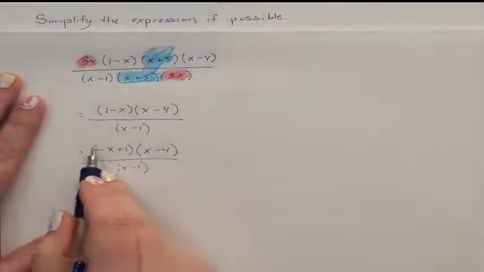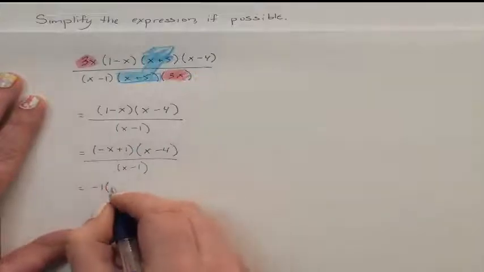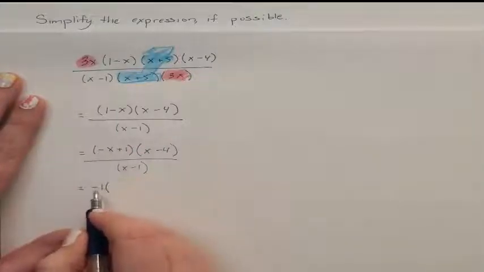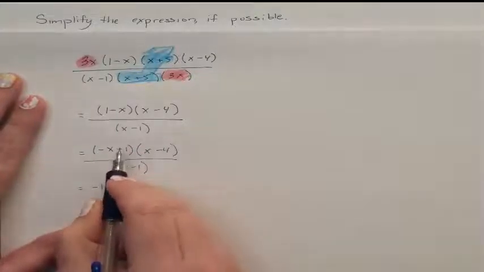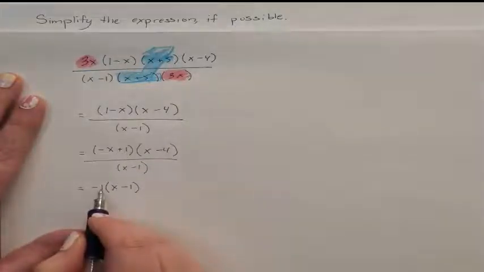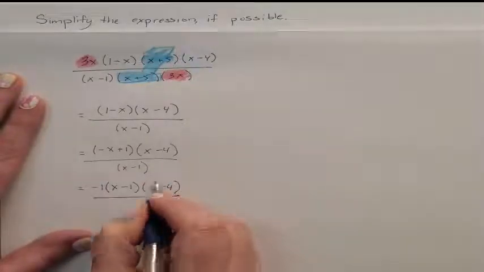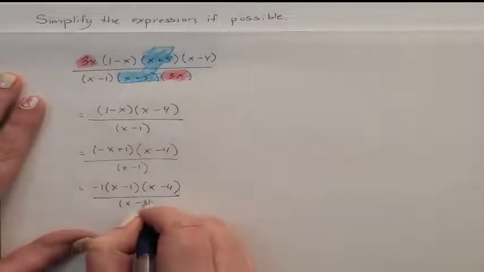If I factor a negative out of this parenthesis up here, a negative x divided by a negative 1 is an x. A negative 1 divided by the negative 1 is a negative 1. So I factored out a negative 1 from here. He is x minus 4. Our denominator was always the x minus 1.